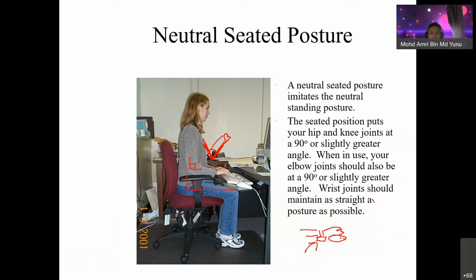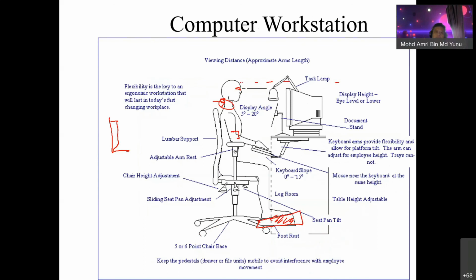Wrist and joint should be kept as straight as possible. So you see, this is an ideal where your eyesight should be, where the keyboard is, and your legs should have a footrest. Your back has lumbar support, and then the armrest.